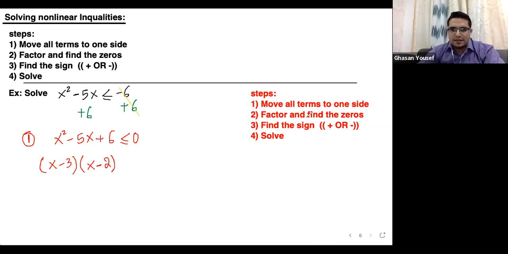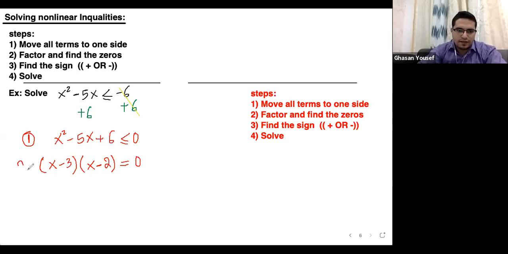And again, like I said, I have to find the zeros. I have to hide the inequality here again, like this, and make it equal to 0 to find the zeros.